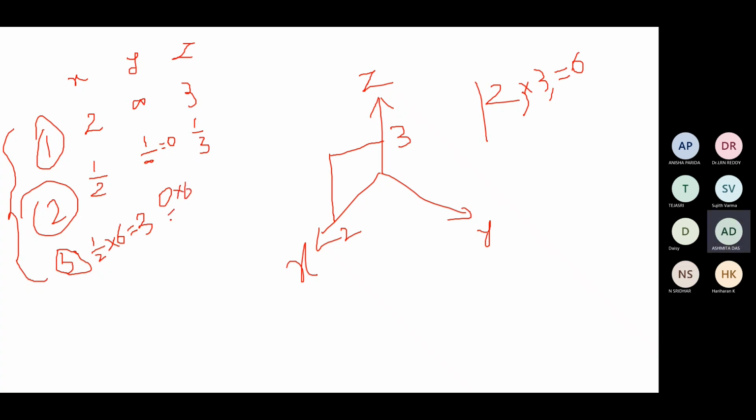So the value comes as 0. Okay. The third one, 1/3 into 6. So the value comes as 2.